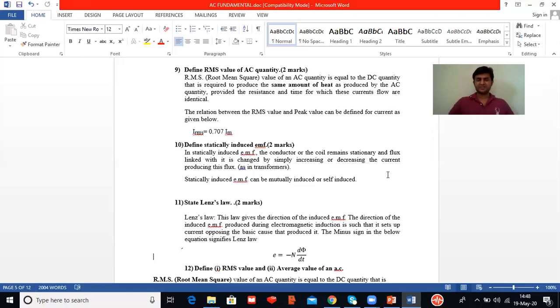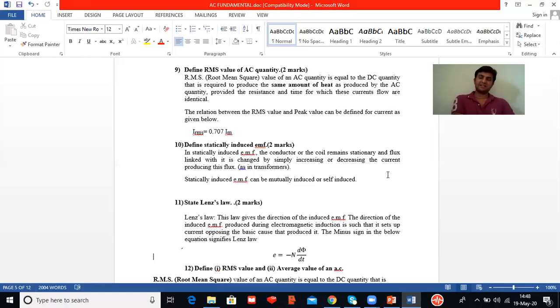The second definition is the statically induced EMF. Earlier, in case of difference, we have seen this. In case of statically induced EMF, the conductor or coil remains stationary and the flux linkage changes simply by increasing or decreasing the current producing this flux.